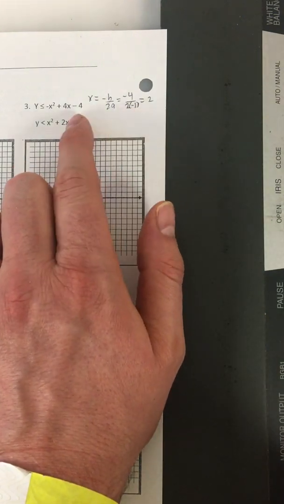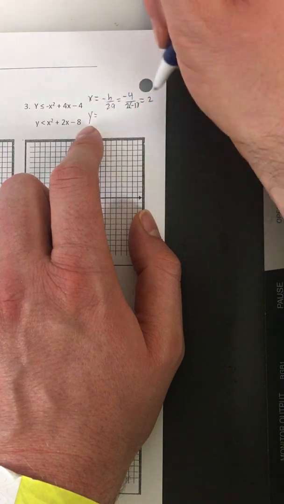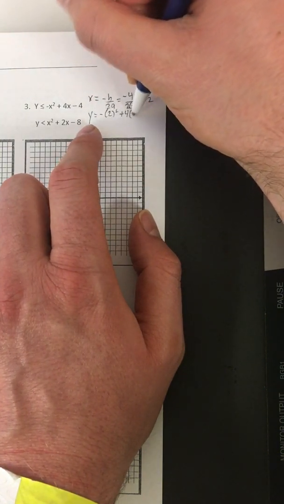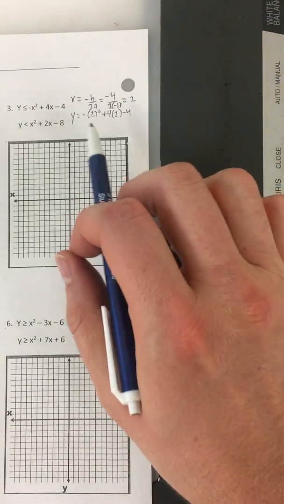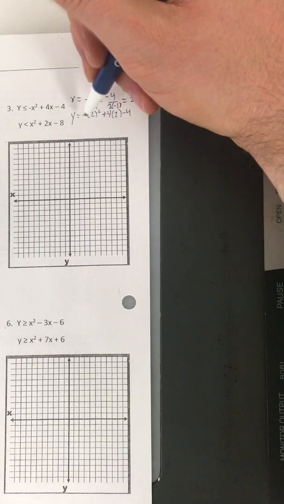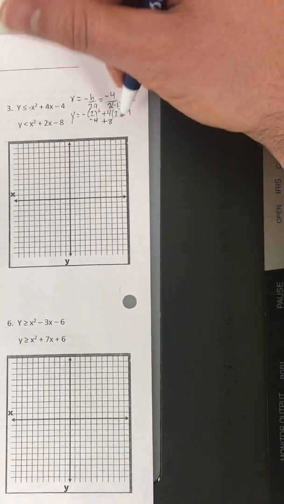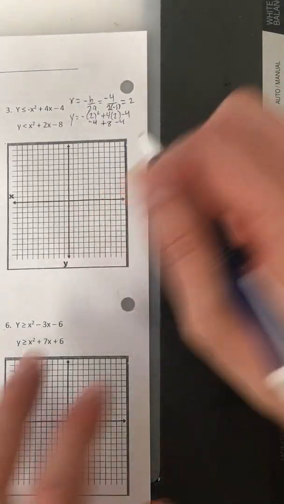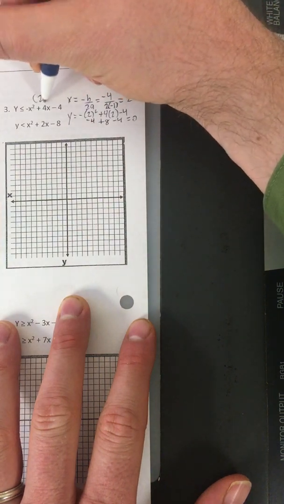Now once I know x, remind me again, how do you find y? You plug it in. y equals negative 2 squared plus 4 times 2 minus 4. 2 squared is 4, then put a negative on it, that's negative 4. 4 times 2 is plus 8, minus 4. So negative 4 plus 8 is 4, minus 4. I'm getting 0. So that vertex is going to be at the point 2, 0.